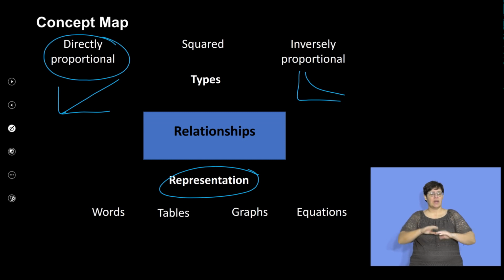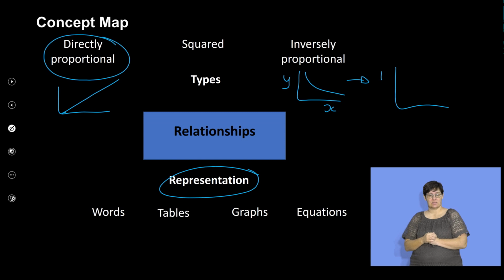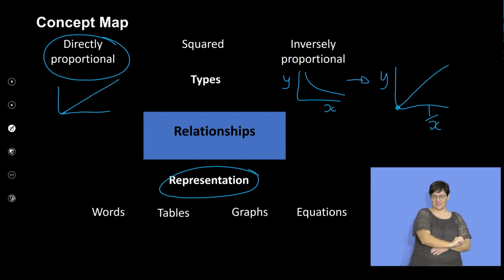To try and satisfy that, instead of choosing the dependent variable and the independent variable, we're going to change that around and say, let's take y against 1 over x, and then it will be a straight line. It will pass through the origin, and we can say that y is directly proportional to 1 over x.